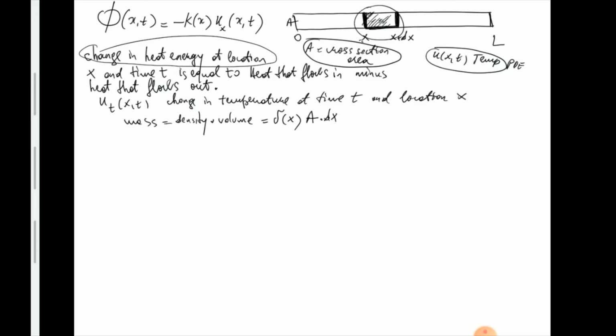Now, remember the specific heat is sigma of x. So when I look at the product, sigma of x, that's the specific heat, multiplied by the mass, the volume times the density. This is basically the amount of energy needed to raise the temperature by 1 degree.